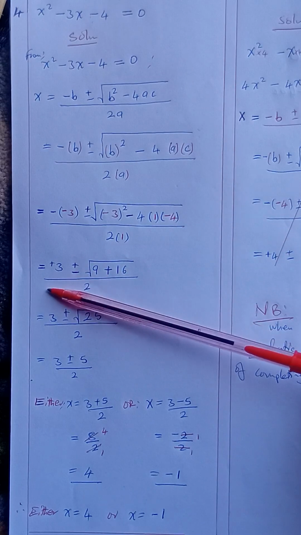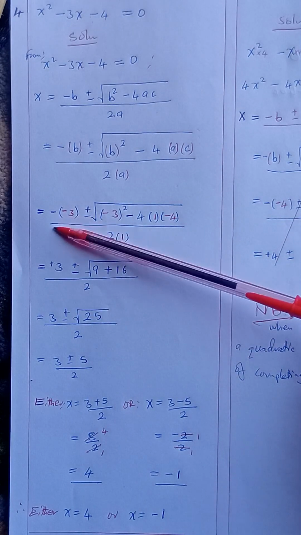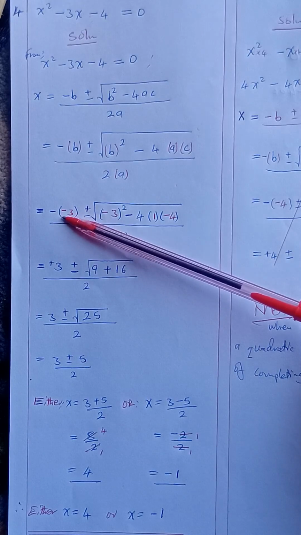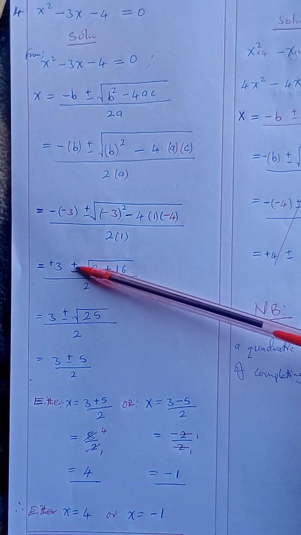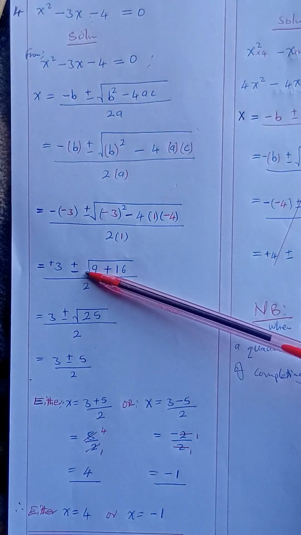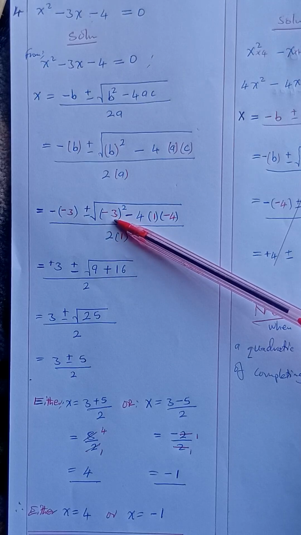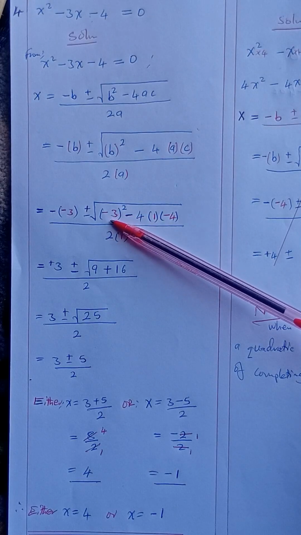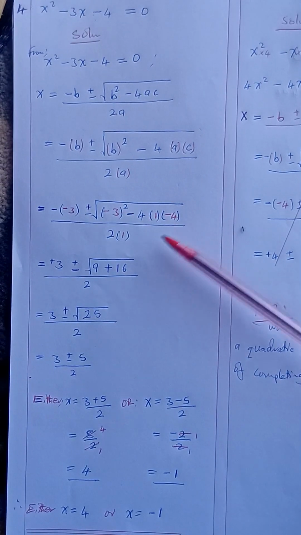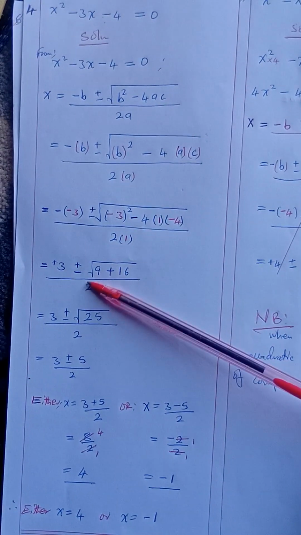Then in the next one, we open the bracket here. So negative 3, we are opening the bracket. We multiply negative outside times negative inside, we get positive 3. Then here we have plus or minus square root of. Now, negative 3 squared is the same as negative 3 times negative 3. So negative times negative, you get a positive. So this one will be positive 9.